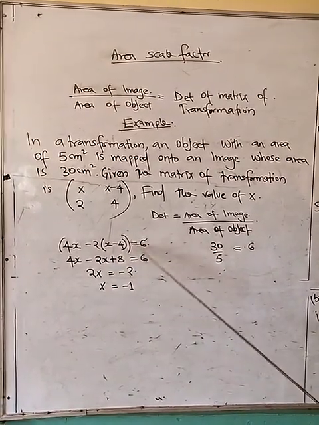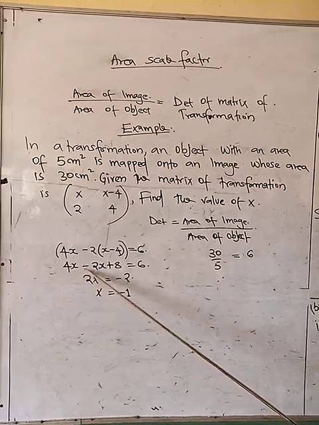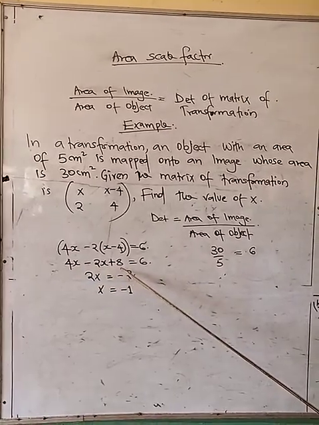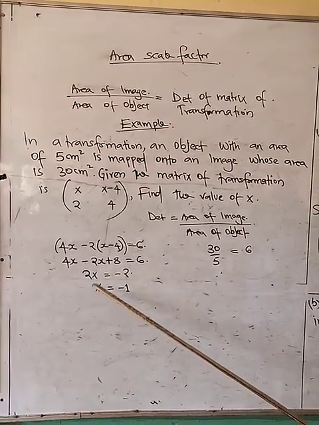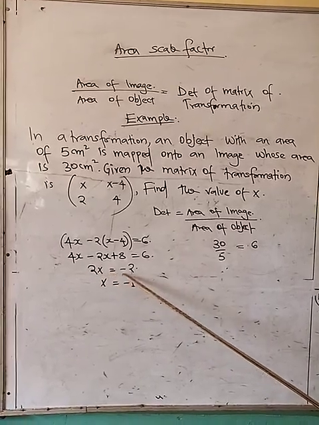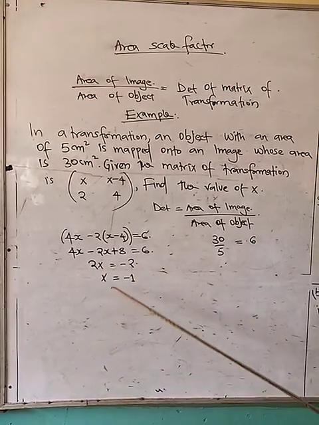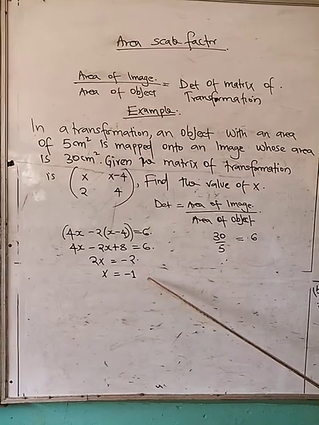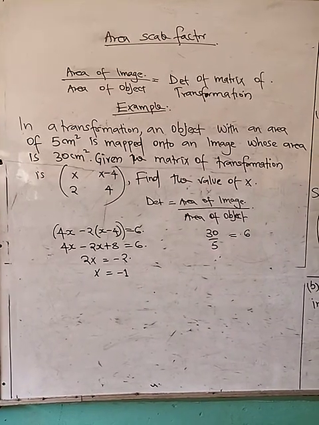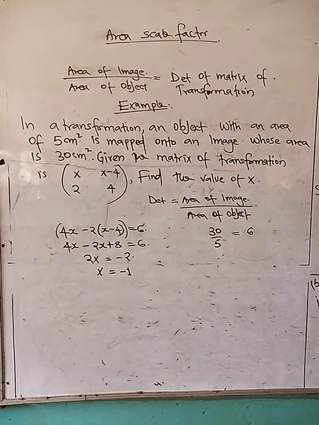Breaking the bracket, we have 4x minus 2x plus 8 equals 6. Therefore, 2x equals negative 2, and x equals negative 1. Therefore, the value of x is negative 1.